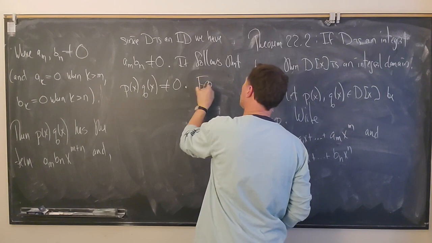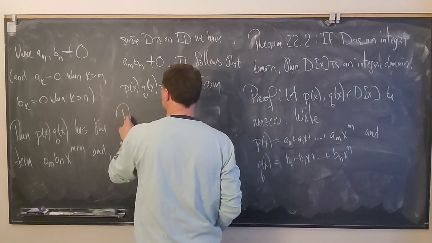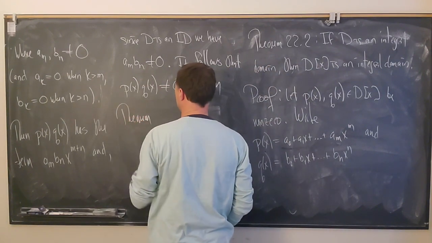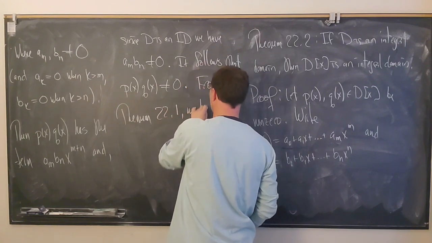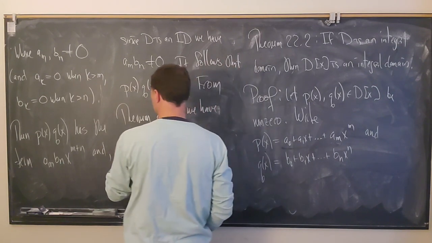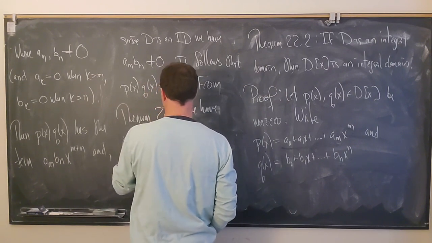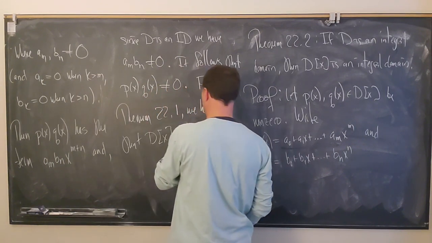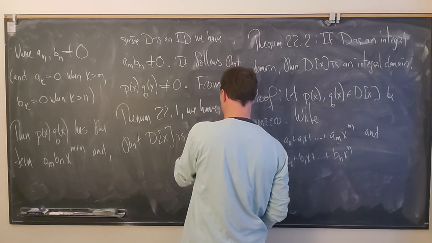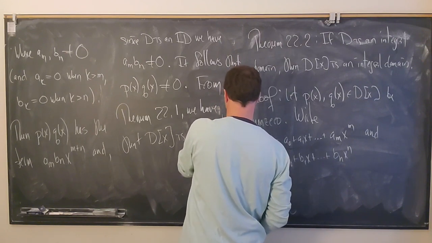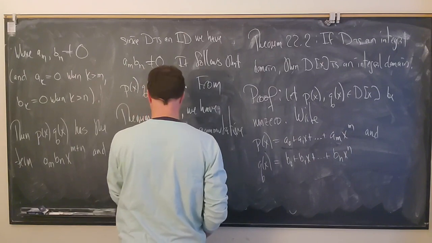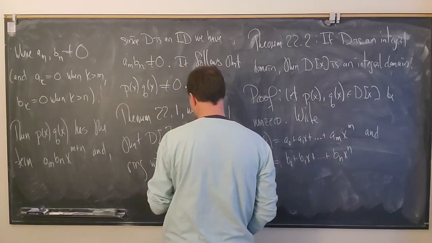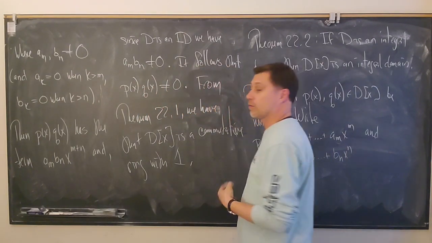From theorem 22.1, we have that D bracket x is a commutative ring with 1. Now I can say the final sentence, therefore we have an integral domain.